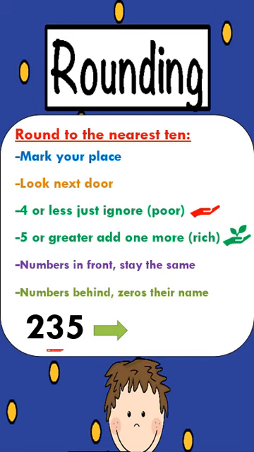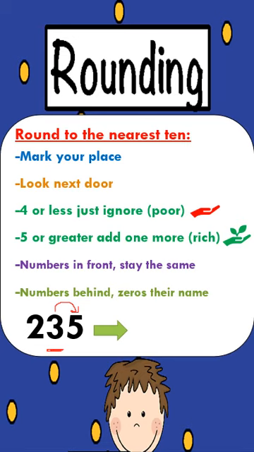Okay, this is the first one: mark your place. The next one, look next door. So let's look at the next door. What do we have in the next door? We have number 5. What else? If the number in the next door is 4 or less, just ignore.